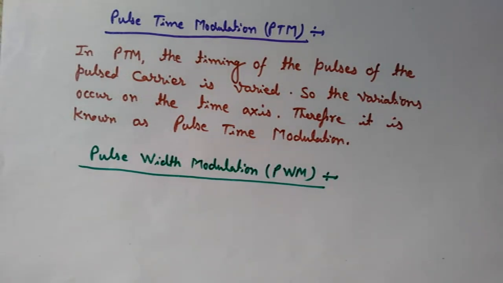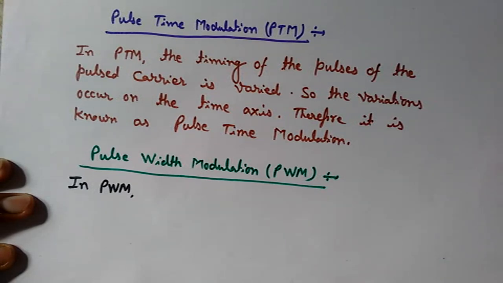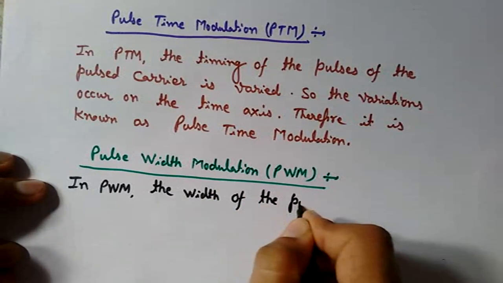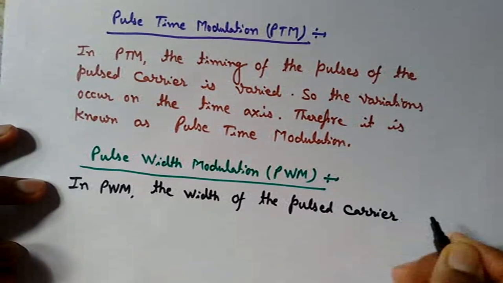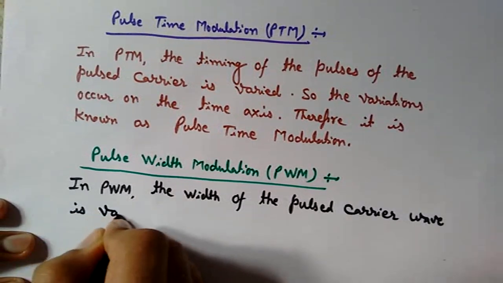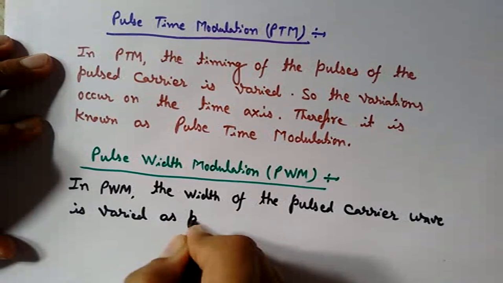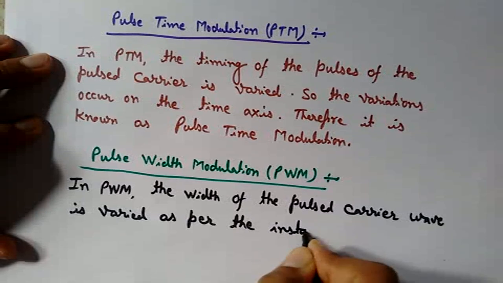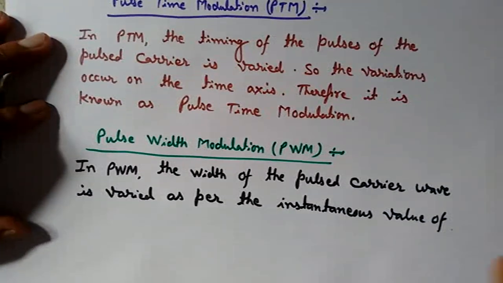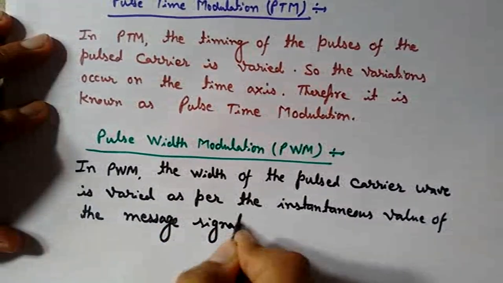So in PWM, let's write it. In PWM, the width of the pulsed carrier wave is varied as per the instantaneous value of the message signal.